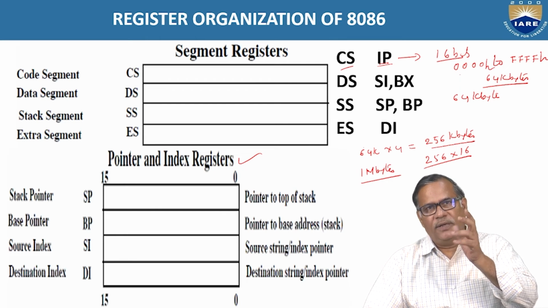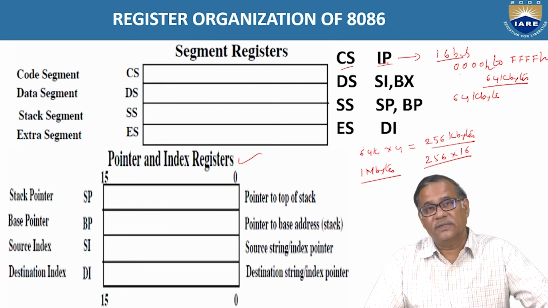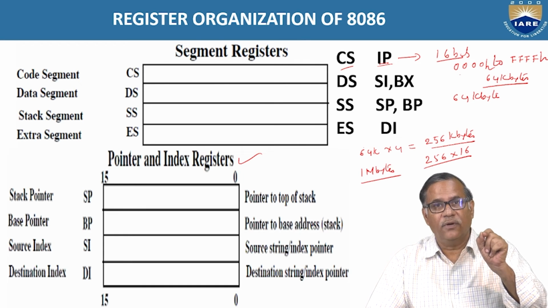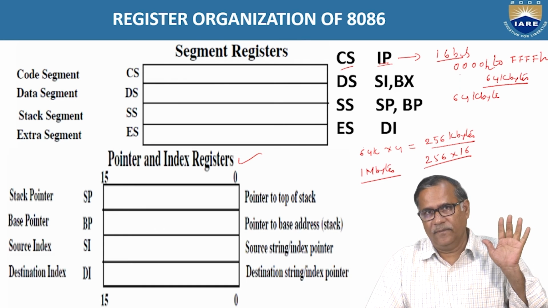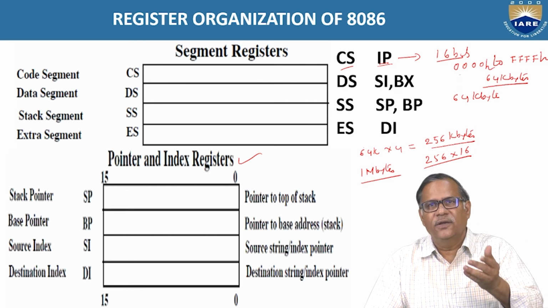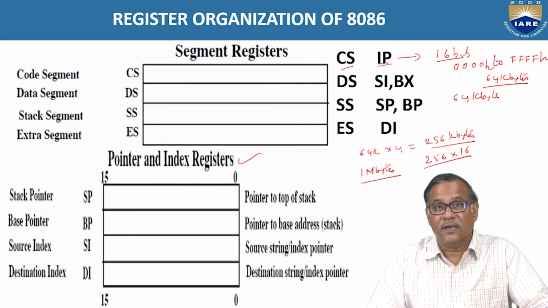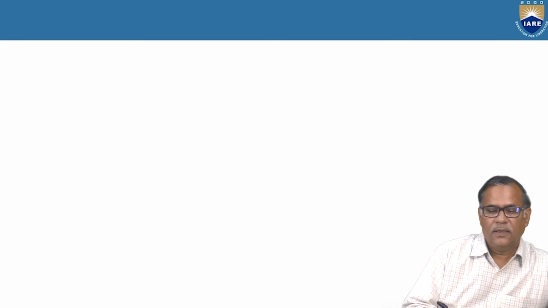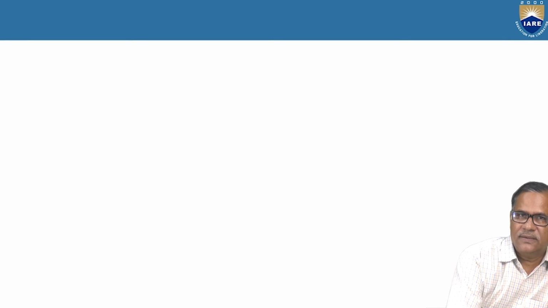So in total, you can have 16 logical segments if each logical segment is 64 kilobytes. But suppose your program is less. In that case, you can have more than 16 logical segments. So as you see here, the base address is stored in the segment registers.